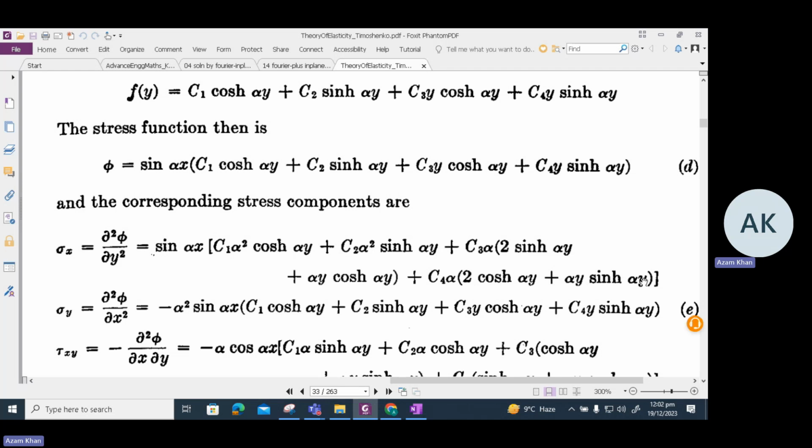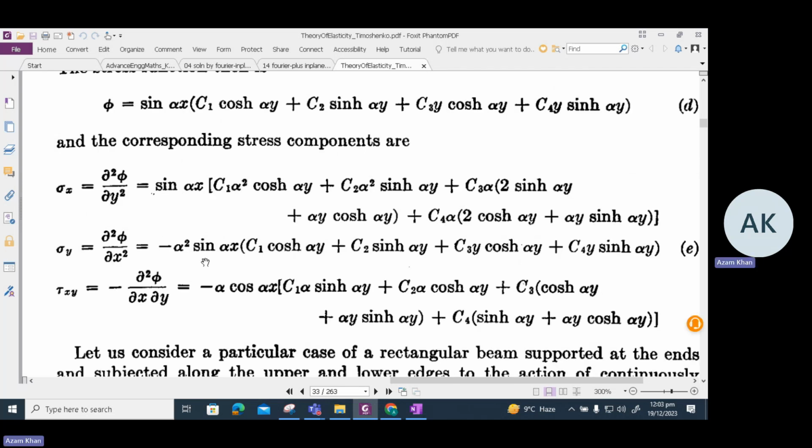Sigma y comes out to be minus alpha square sine alpha x small bracket c1 cosh alpha y plus c2 sinh alpha y plus c3 y cosh alpha y plus c4 y sinh alpha y.